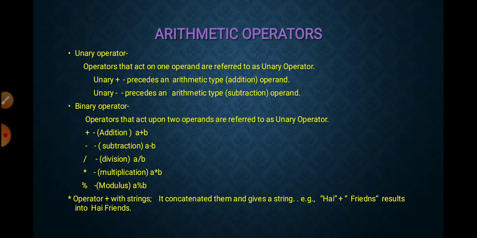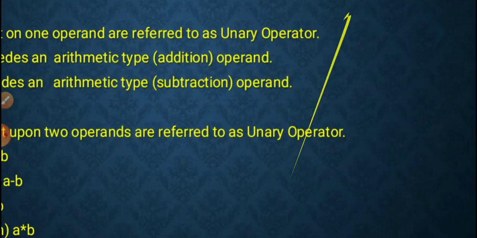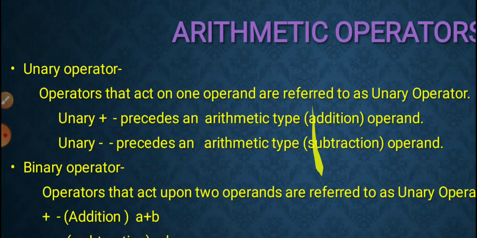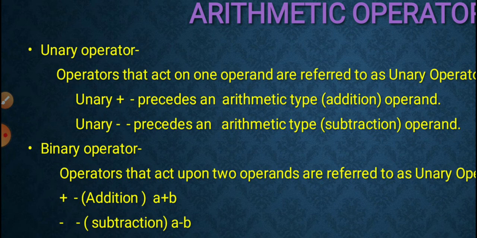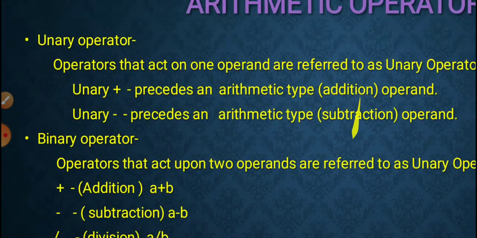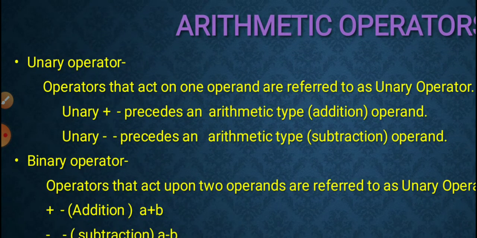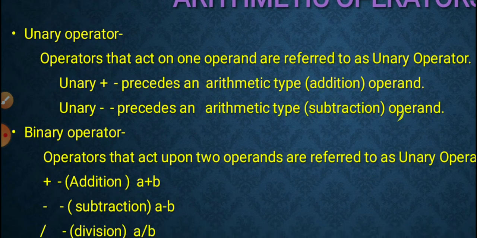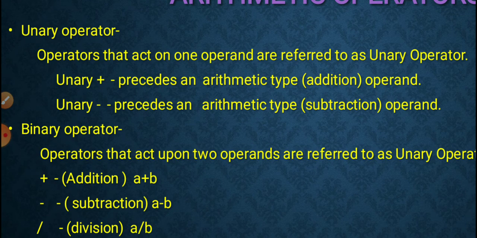So first we will discuss arithmetic operators. They are unary operators and binary operators. The two types of arithmetic operators are unary and binary. Unary operators act on one operand. Only one object can be used in the expression. So these kinds of operators are referred to as unary operators.